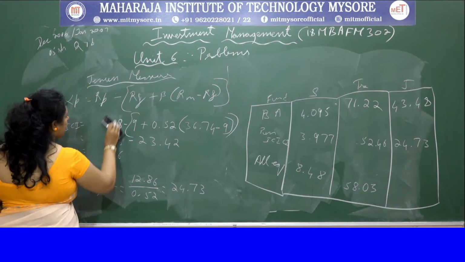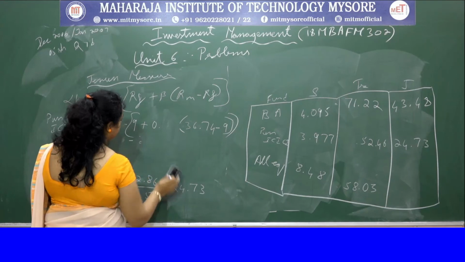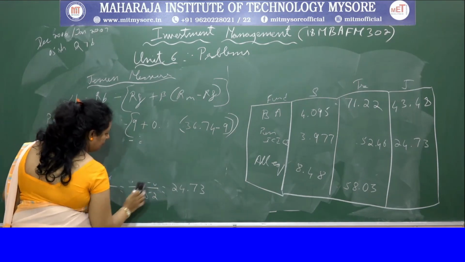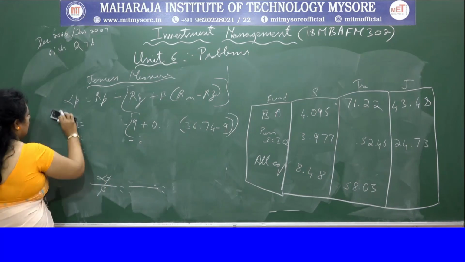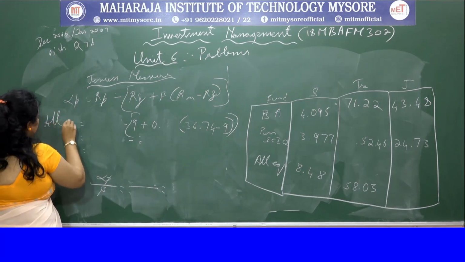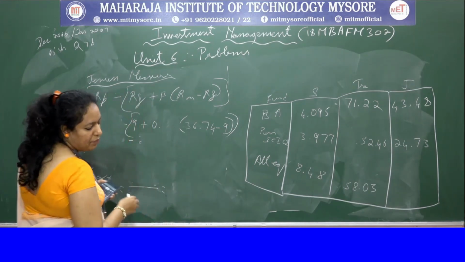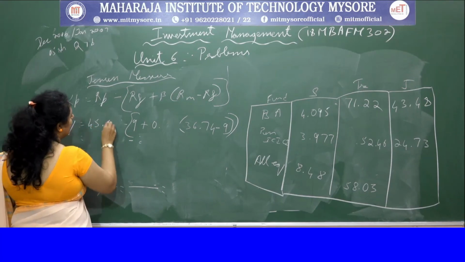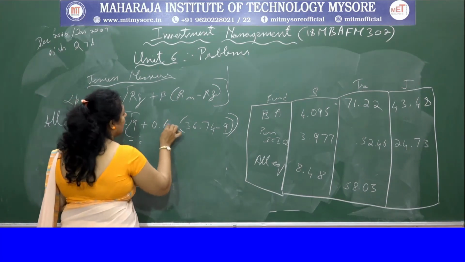In the same way, let's do it for Alliance Equity. Alliance Equity, the return is 45.56 and the beta is 0.63.